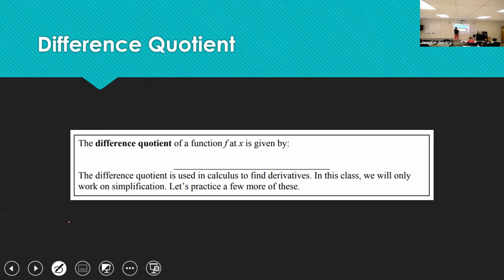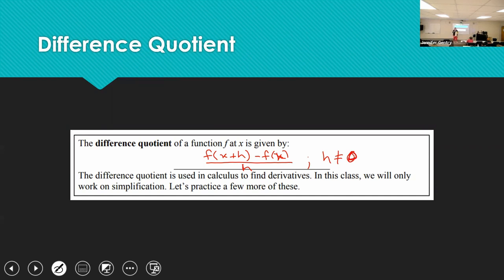But what it is: f of x plus h, minus f of x, divided by h, where h cannot be equal to 0. You can't have a 0 on the bottom. Okay?